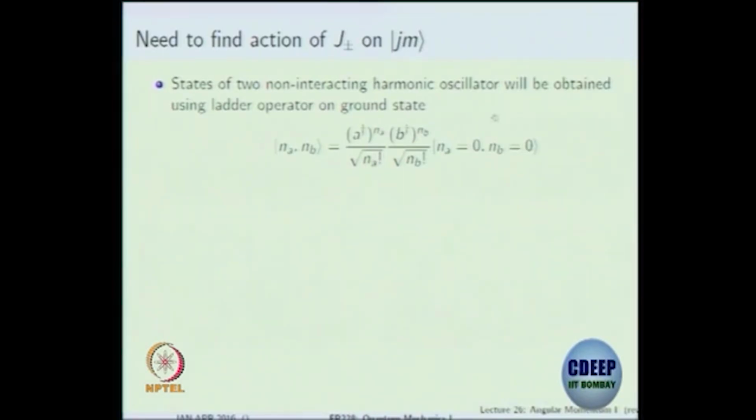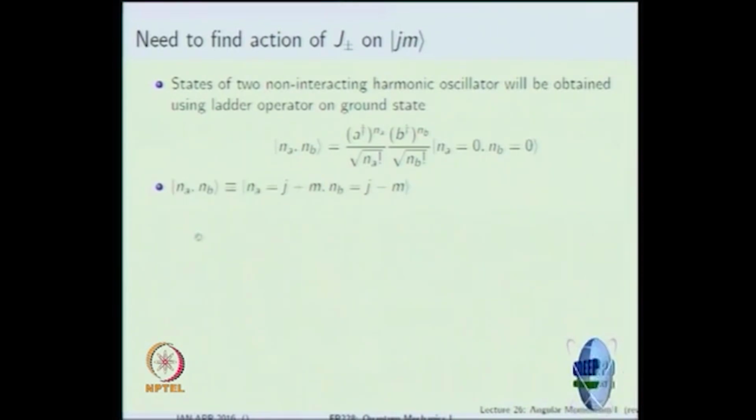So this is an operator representation acting on the vacuum, which will give you any arbitrary state of two independent harmonic oscillators. Also saying verbally what this mathematical equation means.